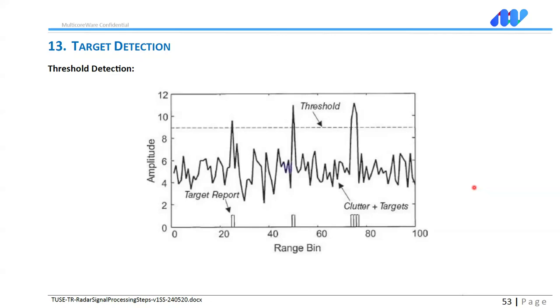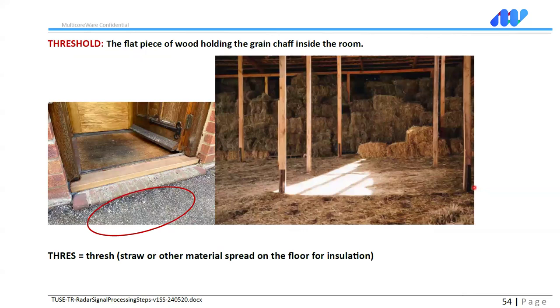And we need to think about what threshold means. It's interesting. So threshold is the straw, the grain chaff that was used at homes in history.